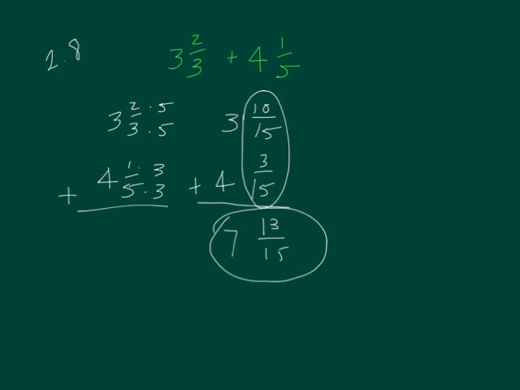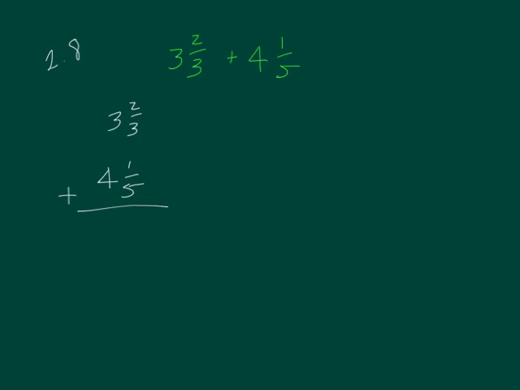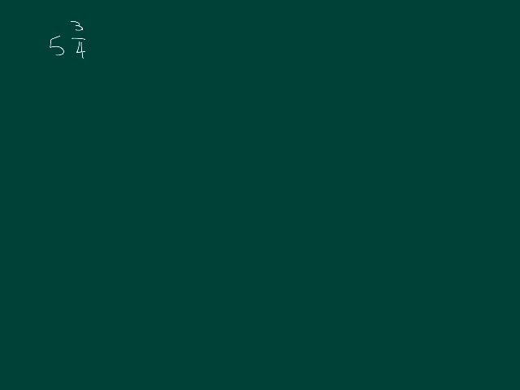Let's look at example number 2 and get some more practice with this type of problem. We've got 5 3/4, and we'll stack it vertically right away: 9 5/6. Again, we're going to ignore the 5 and the 9 right now and just look at the 3/4 and the 5/6.